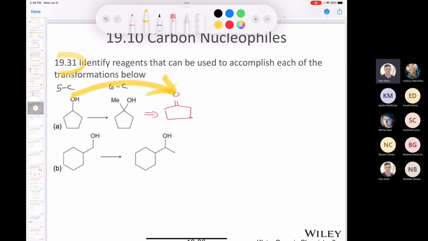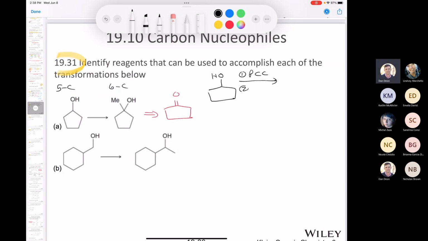Does anybody have a suggestion? How to get from the secondary alcohol to the ketone? Well, Lindsay, I think you said PCC? Yeah. Perfect. Sounds good to me. I like PCC too. Let's do it. So we'll put that down. We can even write this all in one step. So first step, we'll put PCC.